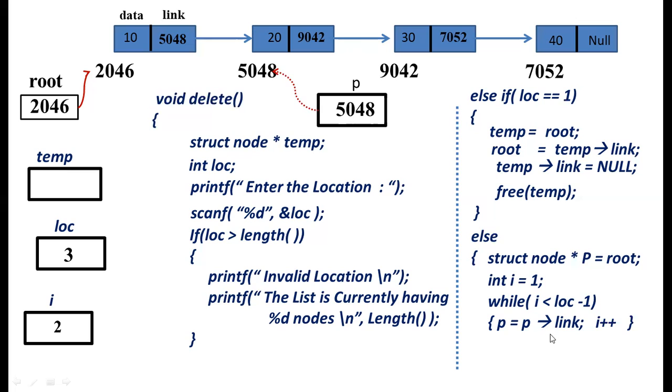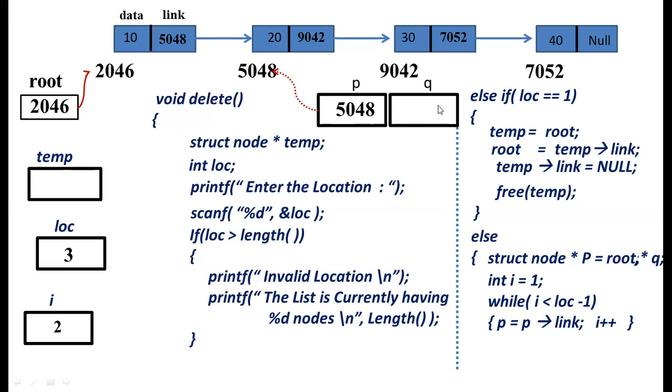Now we have to take one more pointer variable q, which is of struct node pointer type. So I have taken one more variable q. Now q should point to this particular node, the node that we are deleting.